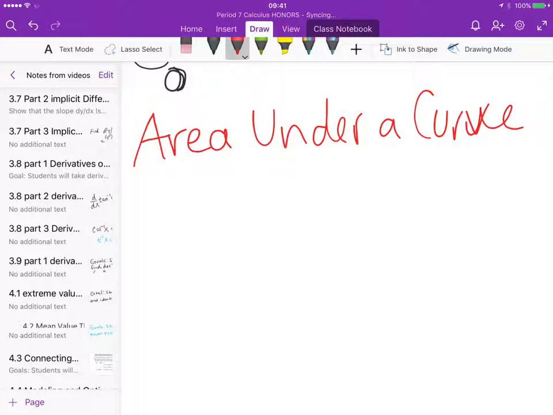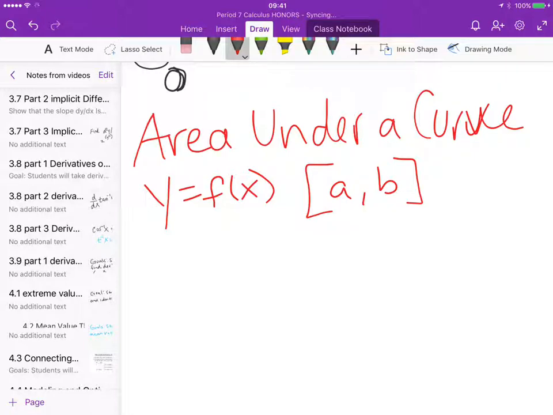So let's say, for instance, that we have a random function. We're going to call it y equals f of x. F of x is non-negative and it is integrable, all right? So we can take the integral of it over a random interval. We're going to call that interval a comma b as we have been.